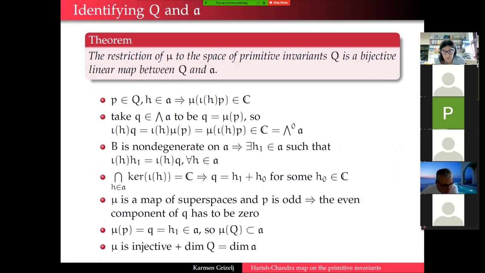Well, first of all, this result is kind of surprising. Well, why? The image of the Harish-Chandra map is the whole Clifford algebra of phi. And now this theorem claims that primitive invariants end up exclusively in the first degree.